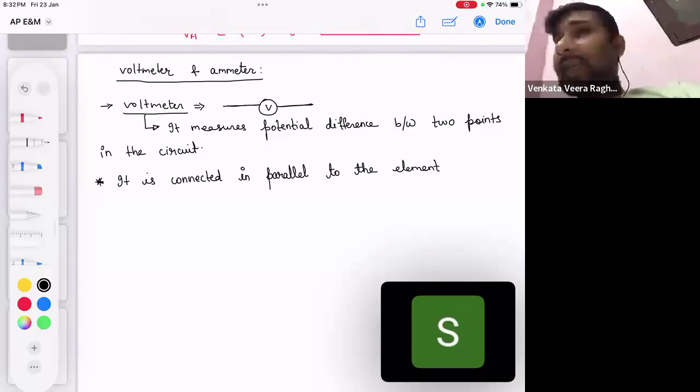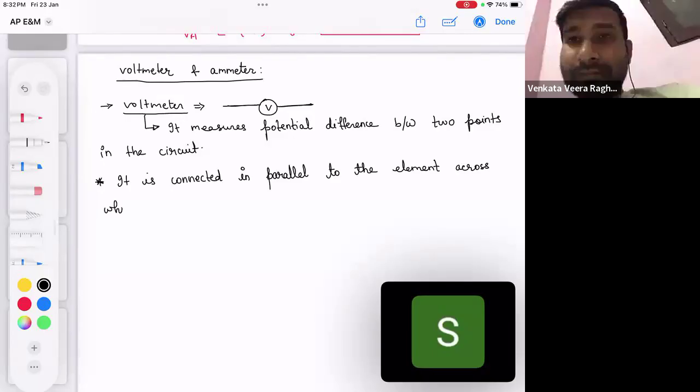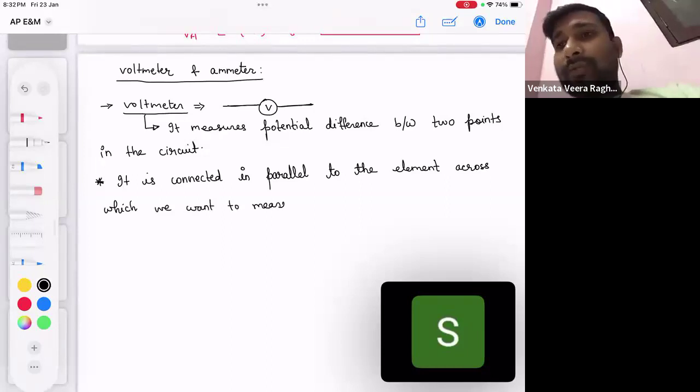So it is connected in parallel to the element across which we want to measure the potential difference.